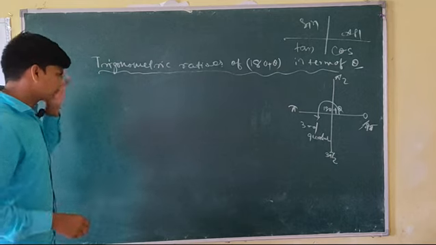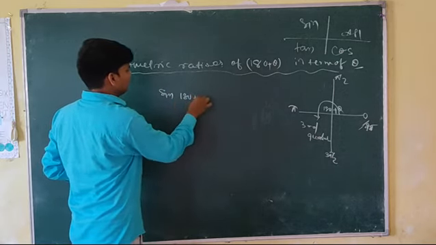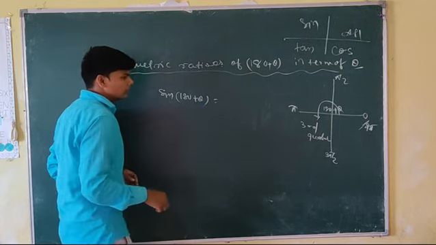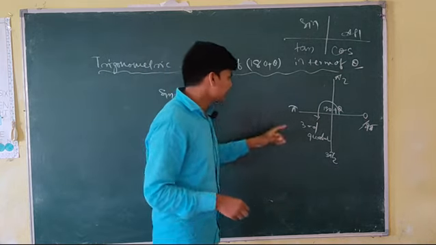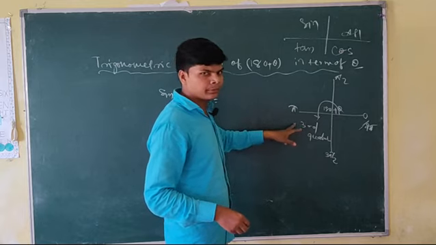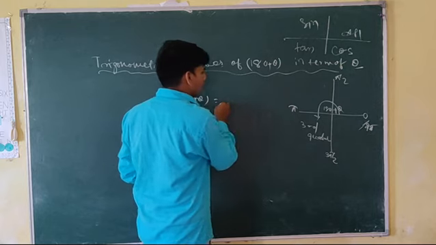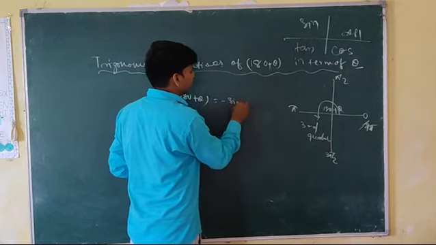Look, sin of 180 plus theta will be in the third quadrant. Here from this formula only tan and cot are positive, and sin of 180 plus theta is minus sin theta. Why?